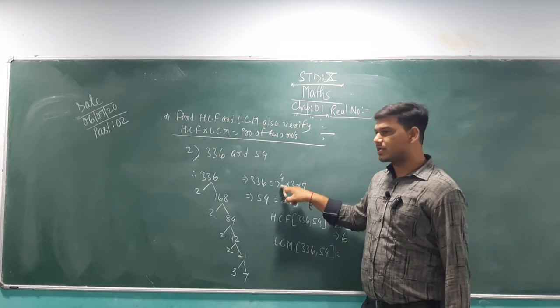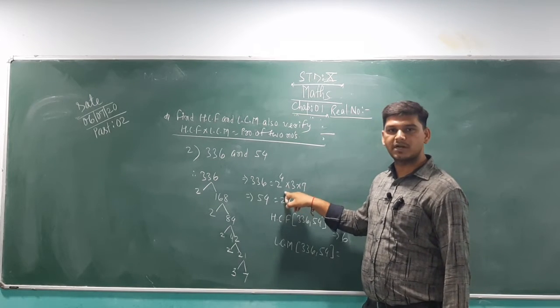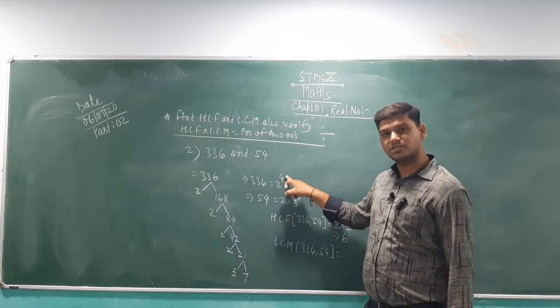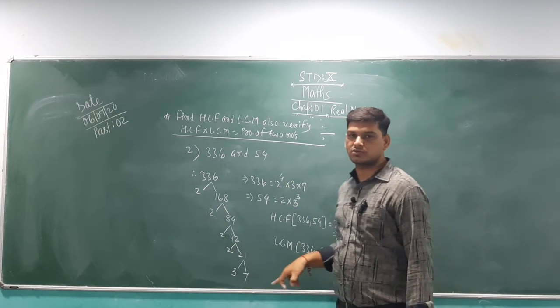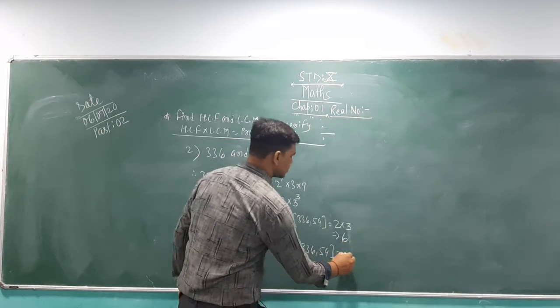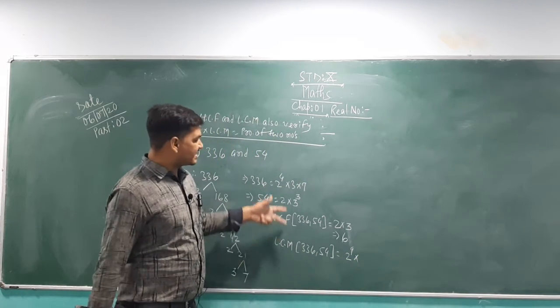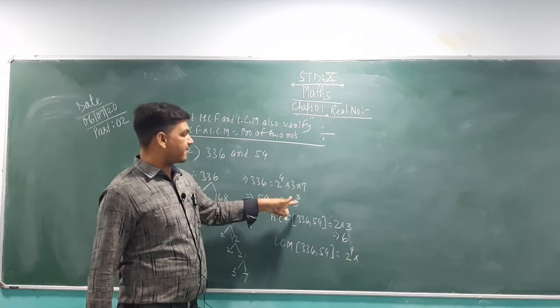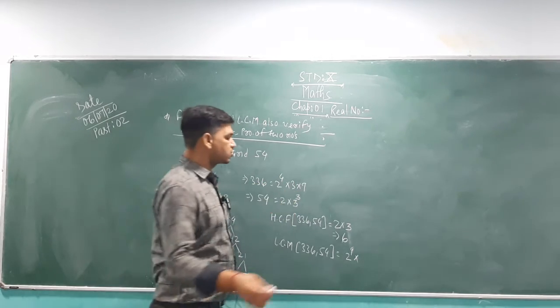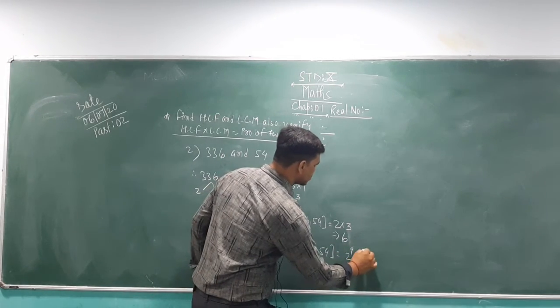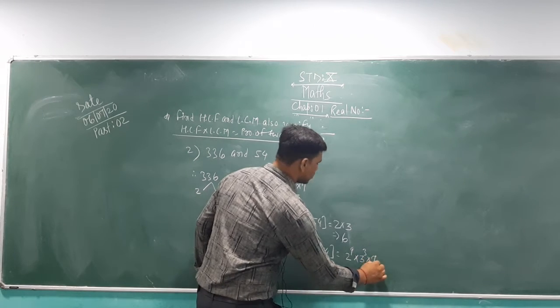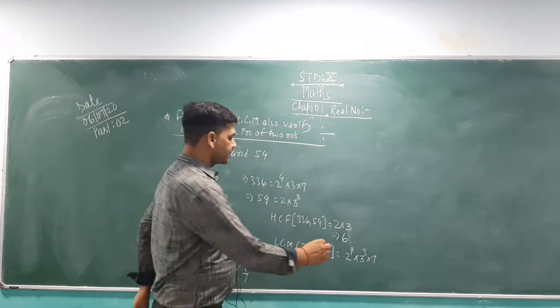So if you see 2 raised to 4 and here 2 raised to 1, which has the maximum power? 2 raised to 4. So I'll use here 2 raised to 4 for the LCM. Also we check that 3 is common in both, but the one having the maximum power is 3 raised to 3. So that is written as 3 raised to 3 into 7, right?